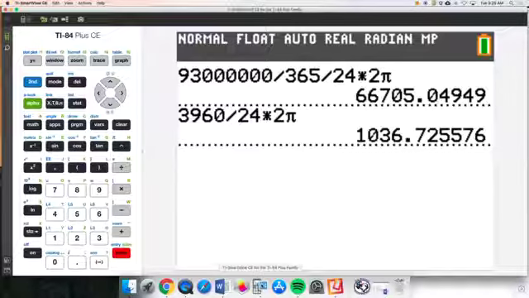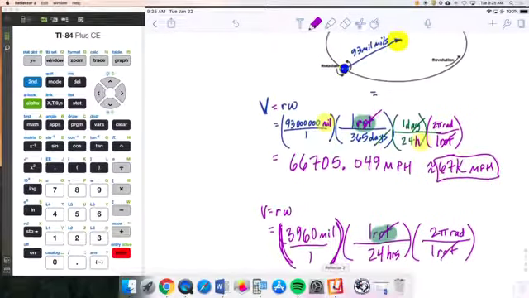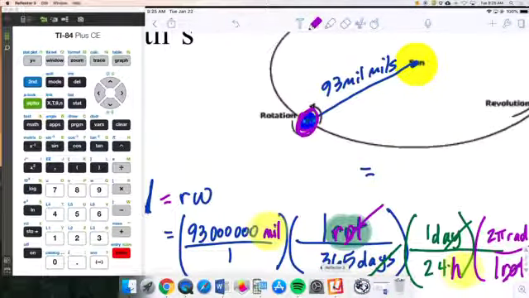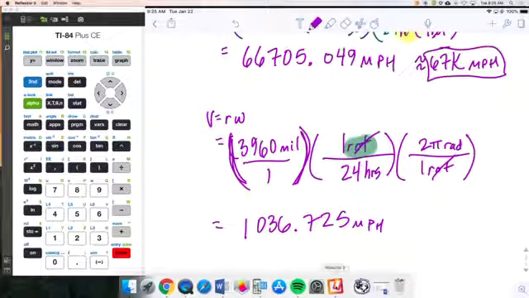1036.726 mph. So that would be the tangential velocity, not if the Earth went out of its orbit, but as the Earth is spinning, if you were to somehow leave the ground, you would fly off the face of the Earth at 1,000 miles per hour.